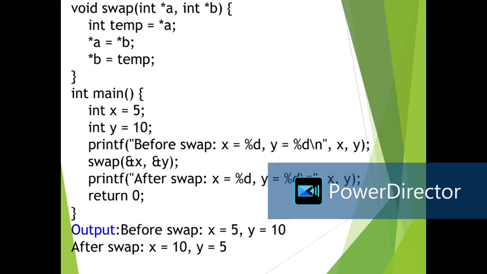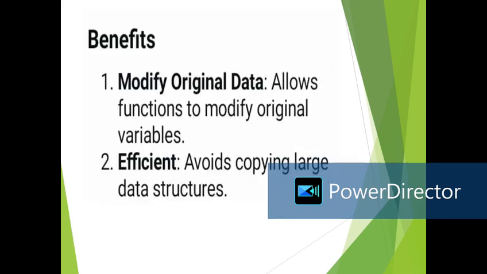Example: void swap(int *a, int *b) { int temp = *a; *a = *b; *b = temp; }. This swap function actually works because it modifies the values stored at the memory addresses of x and y. In int main, swap(&x, &y); we use & to send the address. This is extremely useful when working with large data structures, as we avoid copying large amounts of memory.